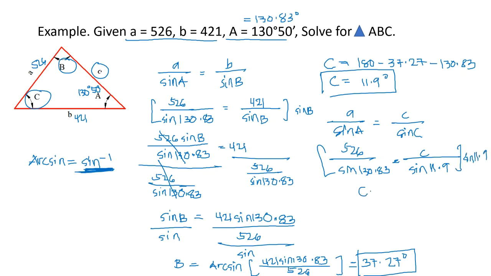So our C is equivalent to 143.35. So that is our side C. Okay, I hope this is clear with all of you. So let's have another one.